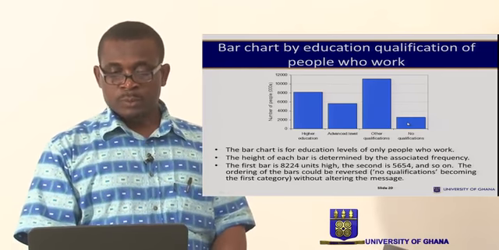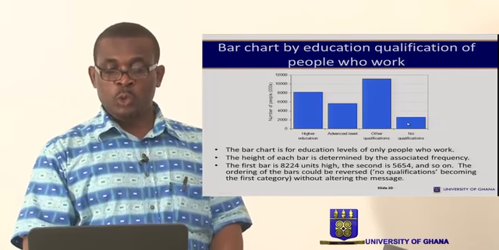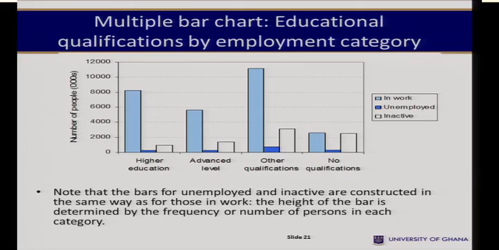We can also go on to look at something slightly more complex, what we call the multiple bar chart, where we want to put a lot of information on the graph. So here, even though we are still looking at the educational qualifications, we still want to look at it for the three categories of employment.